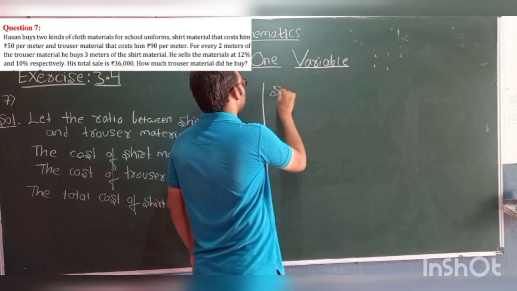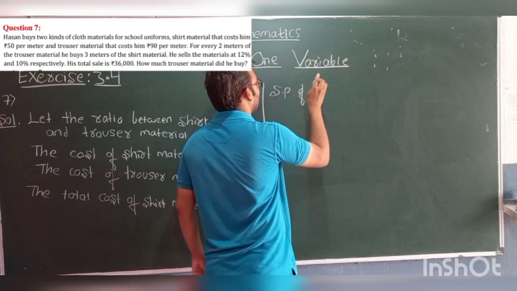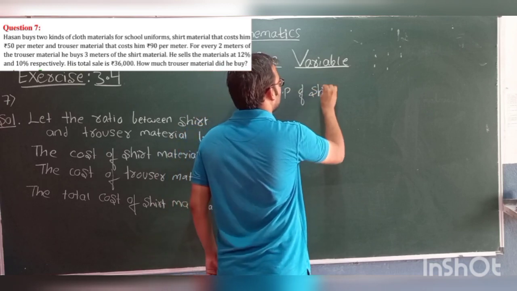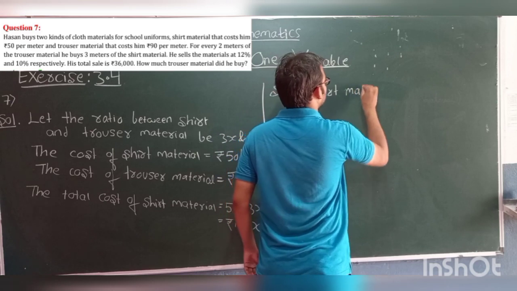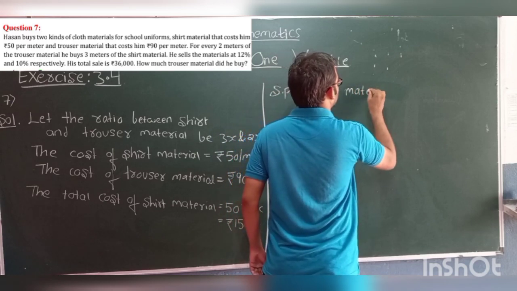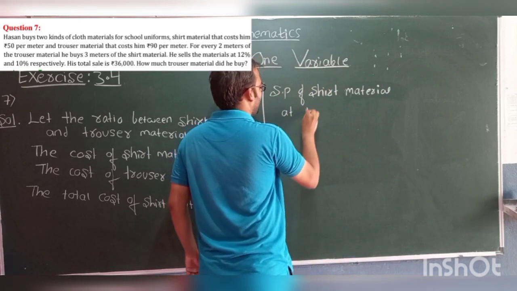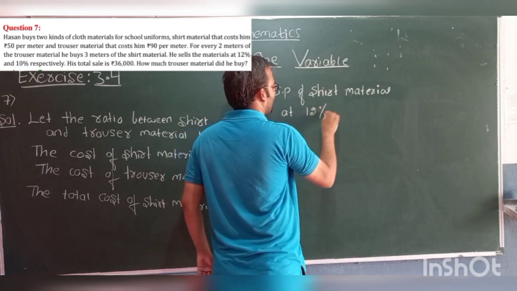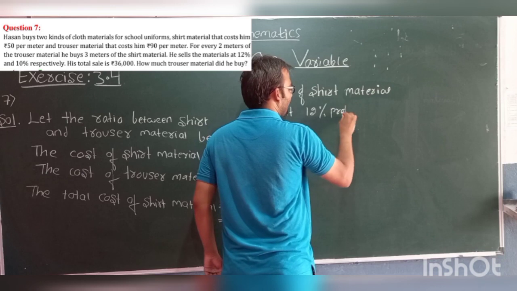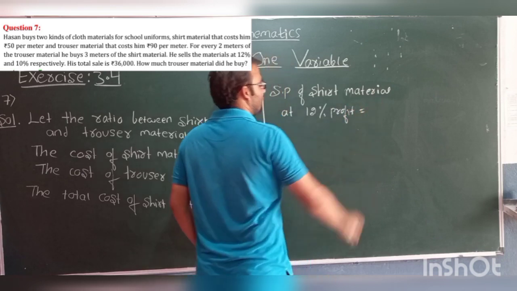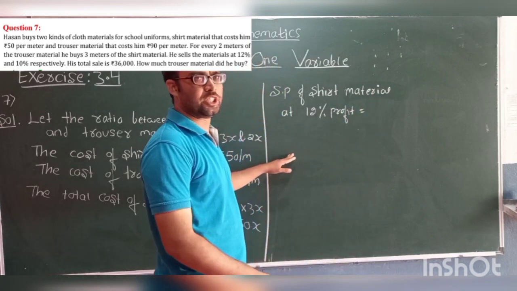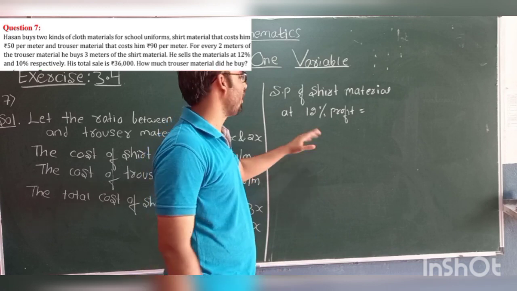Okay, SP of shirt material at 12% profit. It is given now, students, that he has sold the shirt material at a profit of 12%.